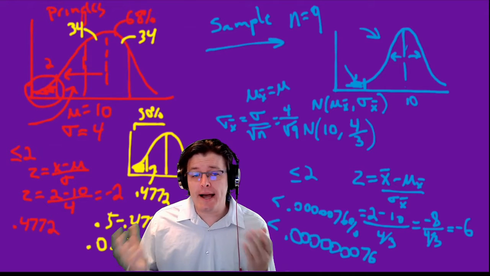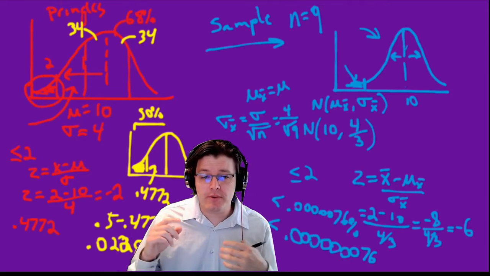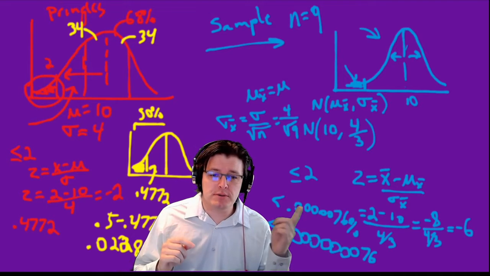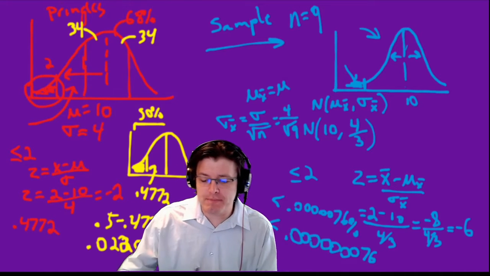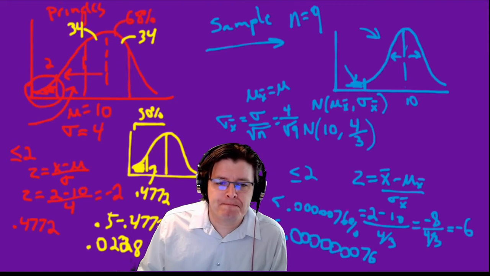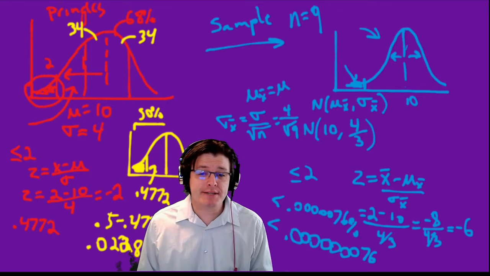Okay, so hopefully this gives you a little sense as to the difference that happens when we're dealing with a population compared to a sample from that population. That distribution gets much tighter as we go. But you can see the process remains the same.